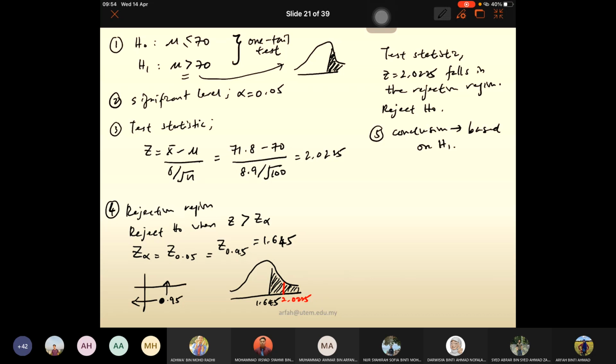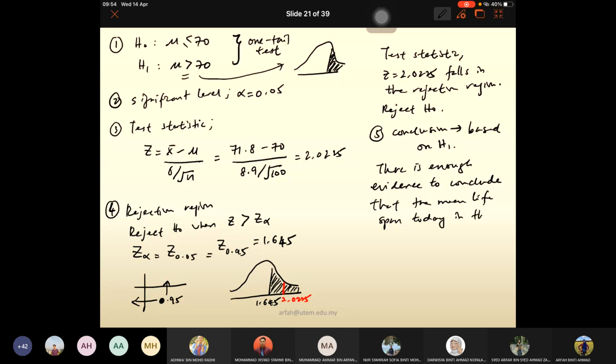So from here we can conclude there is enough evidence to conclude that the mean lifespan today in the US is greater than 70 years.